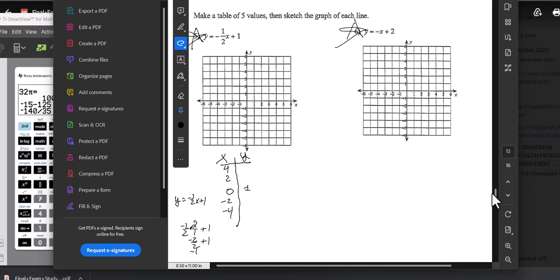Negative 2 over 2 is negative 1, so negative 1 plus 1 is 0. Now I'll plug 4 in. Y equals negative 1/2 times 4 plus 1. Half of 4 is 2, so negative 1/2 times 4 is negative 2 plus 1, or y is negative 1.